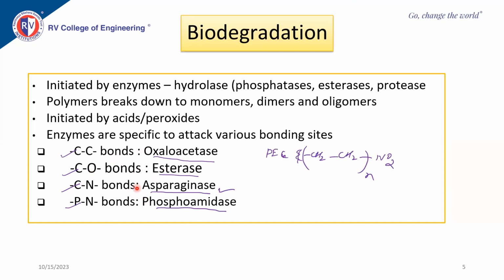So it indicates that if you have a polymer with multifunctional groups, you have to use various enzymes, which is in fact a major drawback because we do not have adequate understanding of the mutual interferences of these enzymes in the reactor. Whether oxaloacetate will still be active in the presence of esterase or may become inactive also. Such situations are very normal.